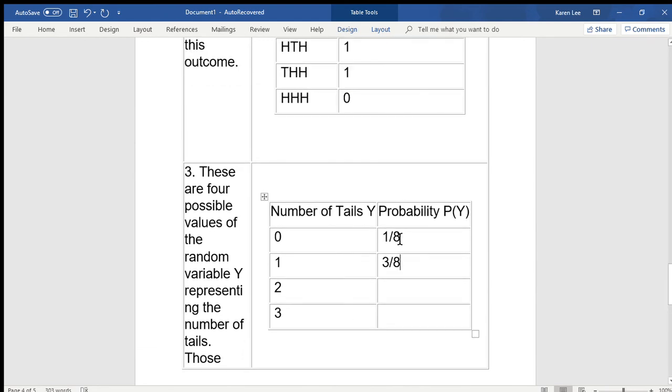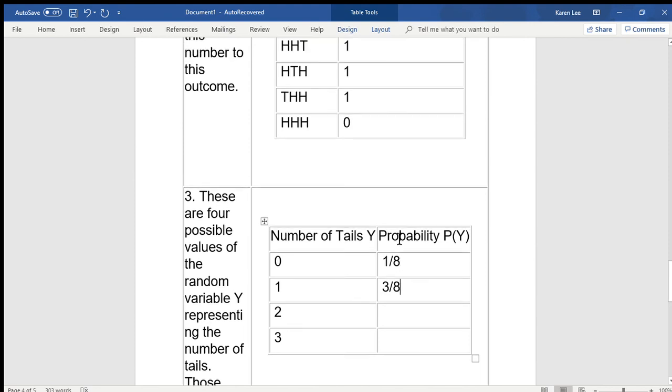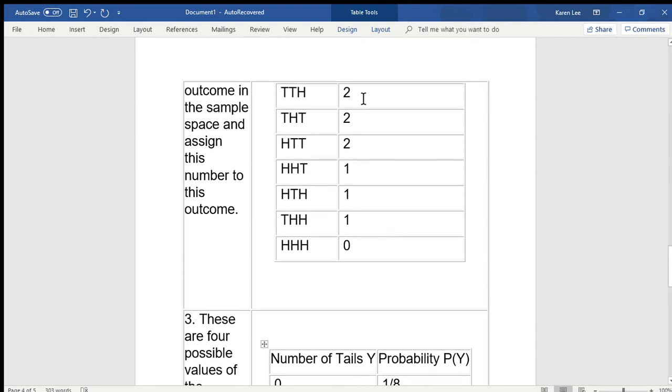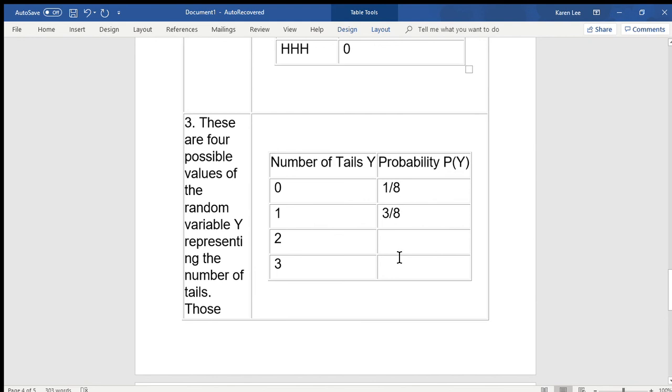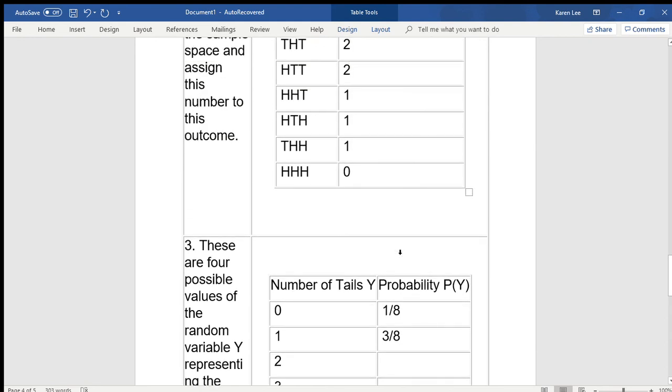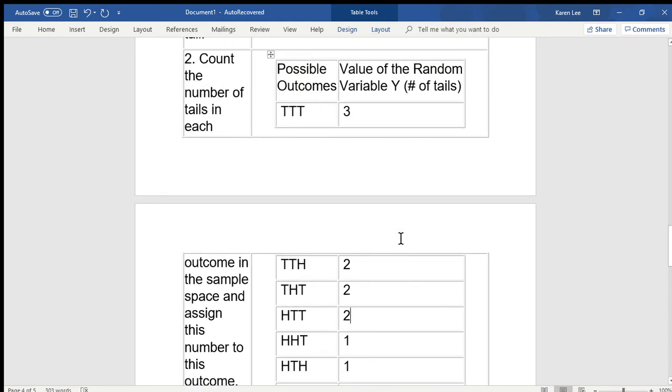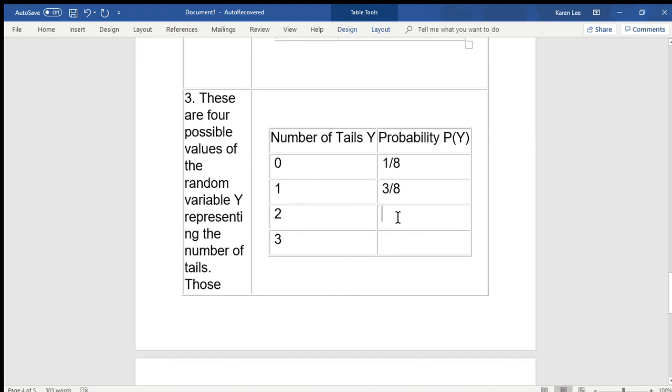Next, for random variable 2, it is also three. It appeared three times, meaning 2 tails were seen three times. So, therefore, the probability is 3 over 8. And lastly, 3 tails occurs once again. So, 1 over 8.